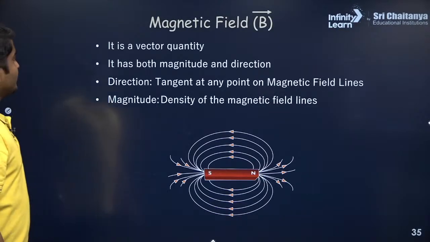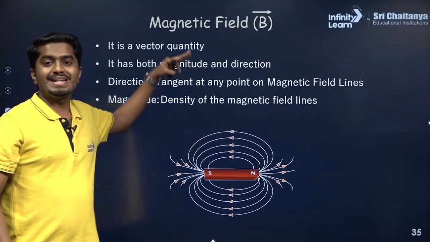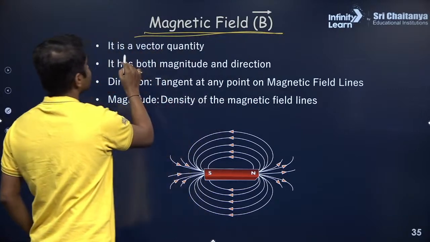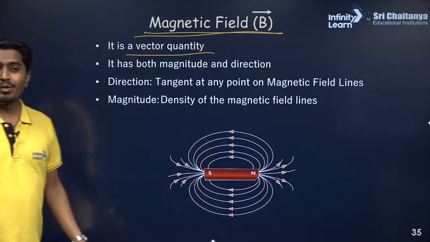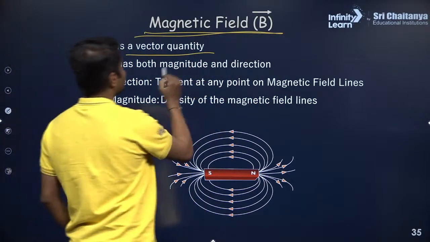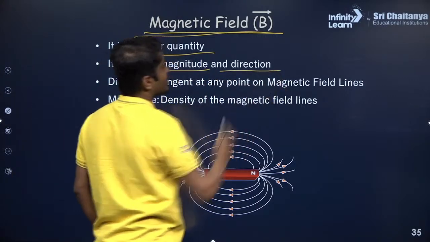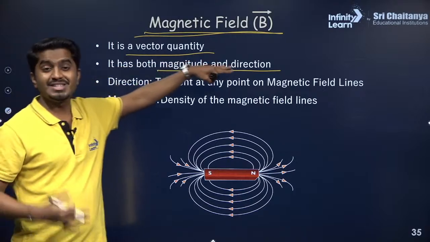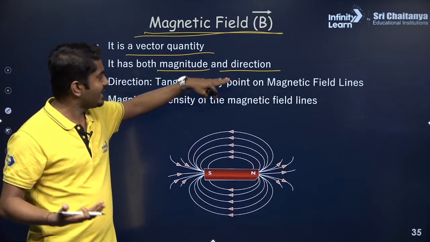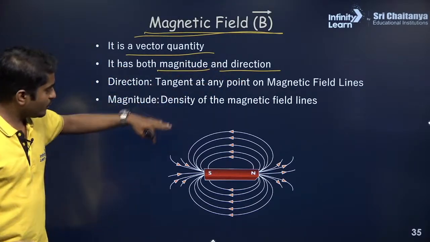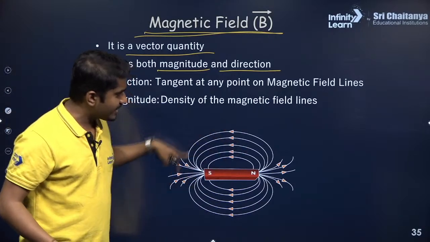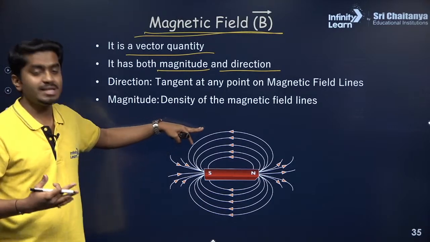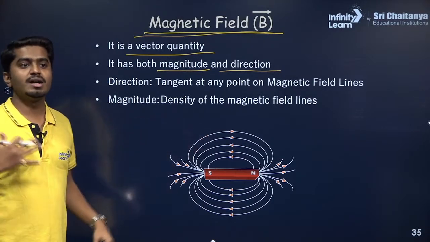Okay, let's go to the next topic, that is magnetic field. So what is magnetic field? It is a vector quantity. What is the meaning of vector? It means it has magnitude and direction. Magnetic field will have magnitude, that is the strength of the magnetic field, and direction. So there is a bar magnet and these are the magnetic field lines. How do you know at which location the magnetic field is stronger?